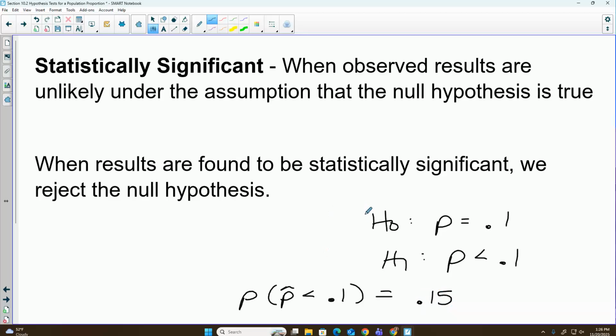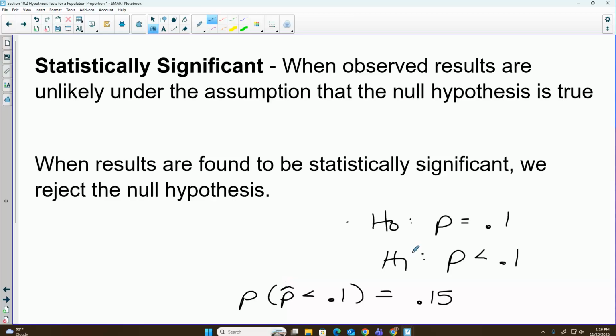That means if the null hypothesis is true, there is a 15% chance that in my sample, my p was less than 0.1. Is that unusual? No. So that would not be evidence that I should reject my null hypothesis. Even if the null hypothesis is true, that's not uncommon.